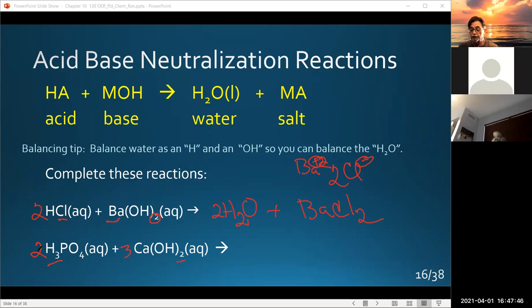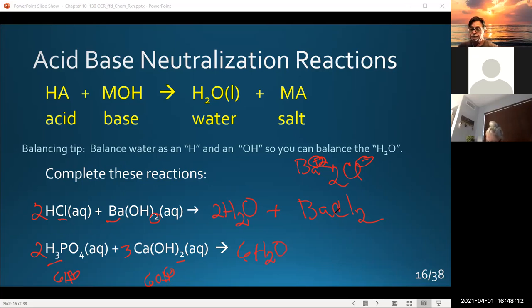I balanced my protons, because here I would generate 6 protons. And over here with the calcium hydroxide, I would generate 6 hydroxides. And guess what? That means that I will create 6 waters.